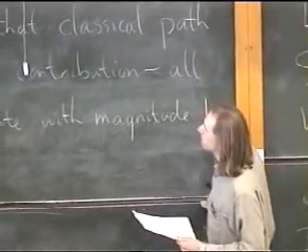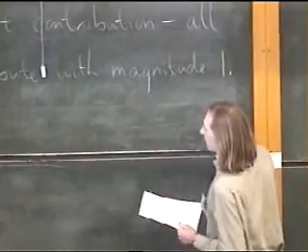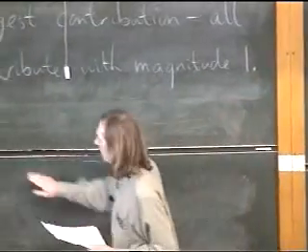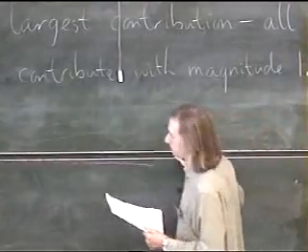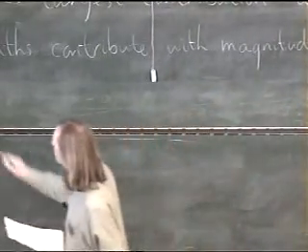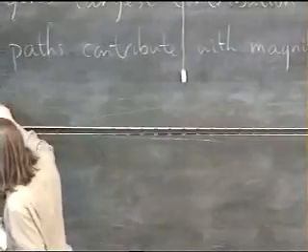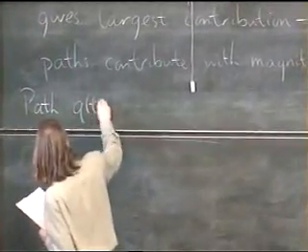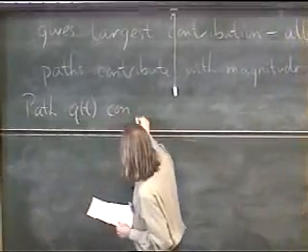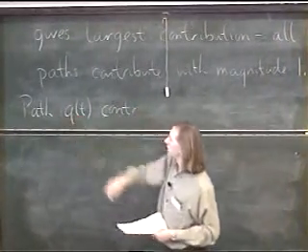Okay, so how do we do that? So basically, if you take a path Q of t, then what does it contribute to this path integral?